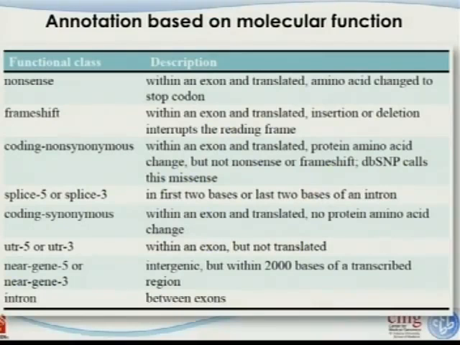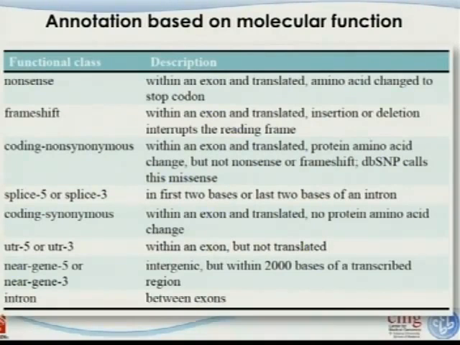And splice 5 or splice 3, we'll go through this a little bit. This is very important. It's in the first 2 bases or last 2 bases of the intron, and these regions generally are where the spliceosome sits. Sometimes if that part has a variation, the spliceosome cannot form there, so you cannot process the splicing.